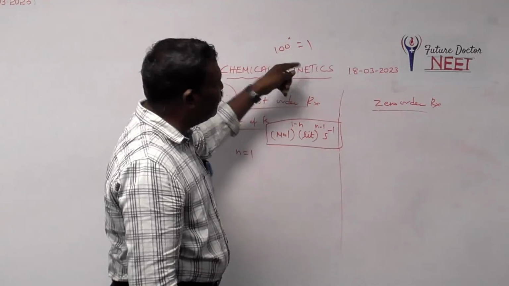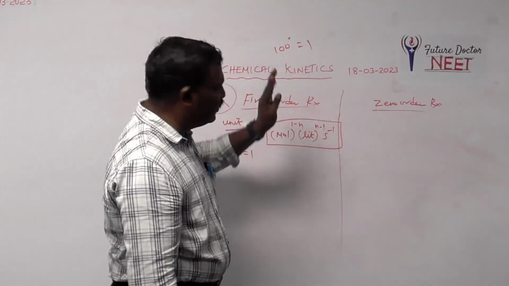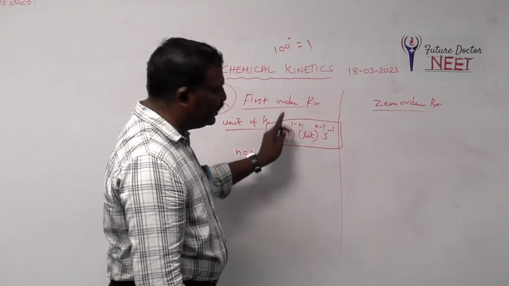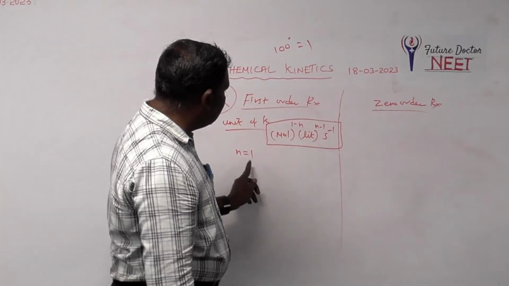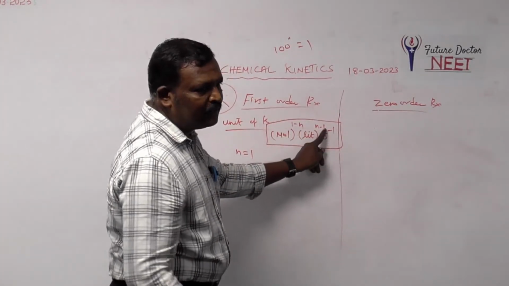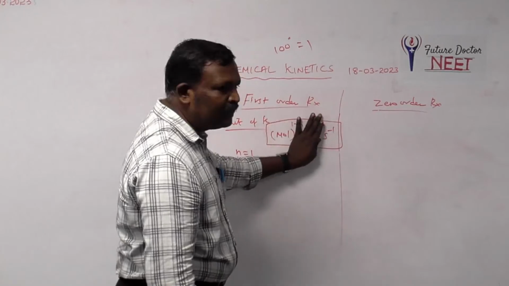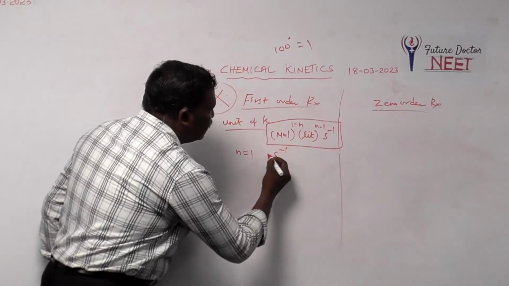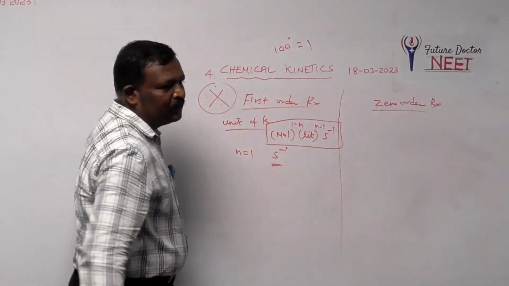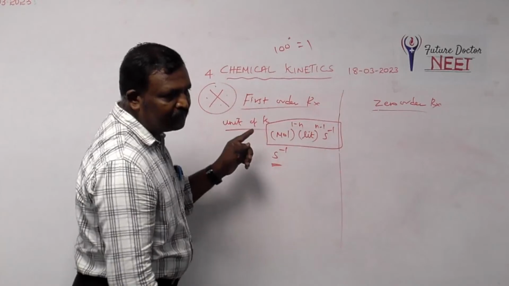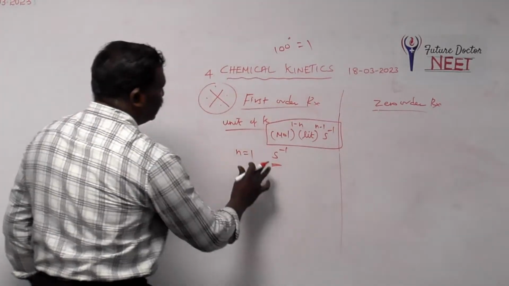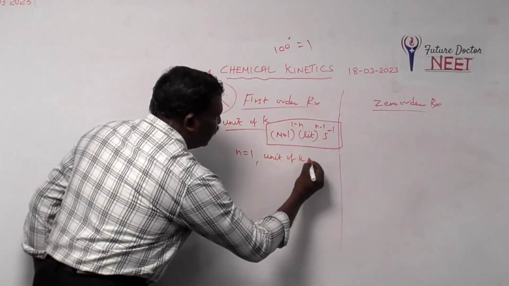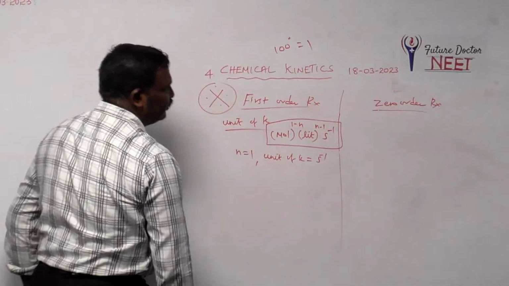Understood? So mole power 0 comes 1, we can leave it. Then again here also put 1, 1 minus 1, 0. This also we leave it. Who is remaining? Per second. So per second is the unit of rate constant of first order reaction. Are you following? Okay, you write like that. Therefore, unit of K is per second. Understood?